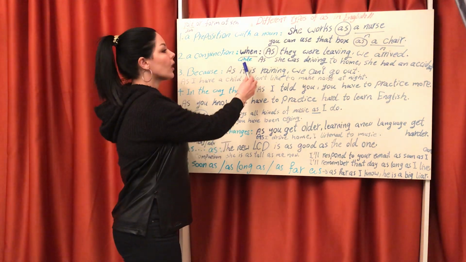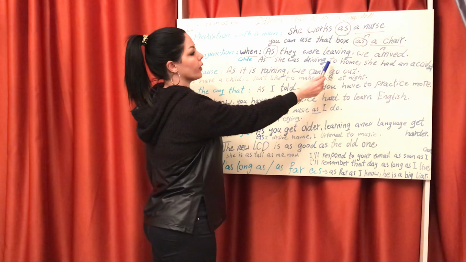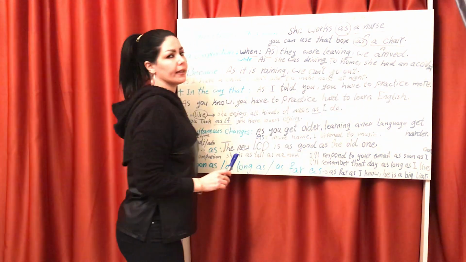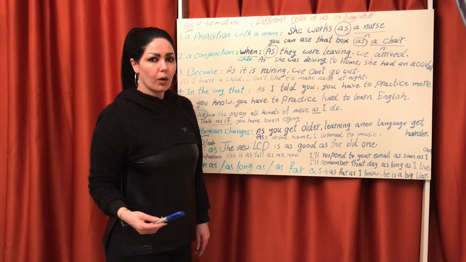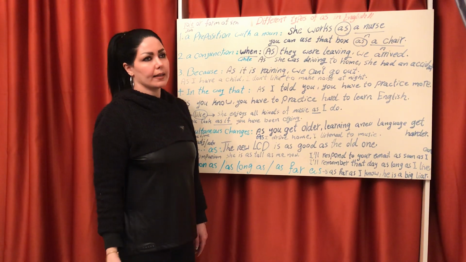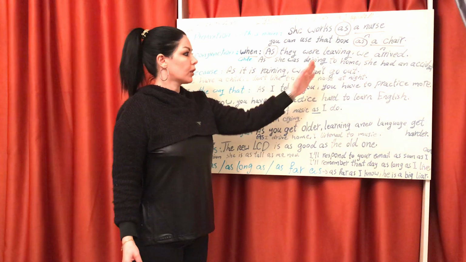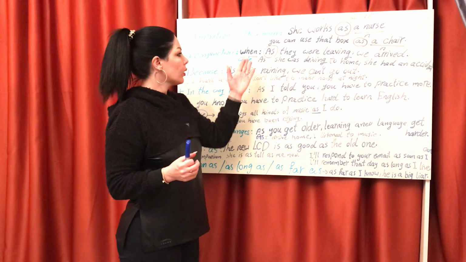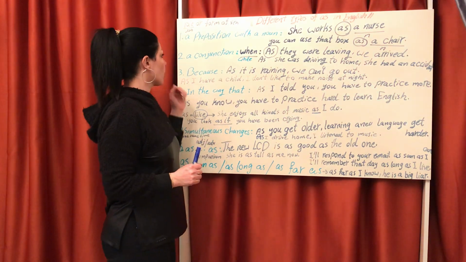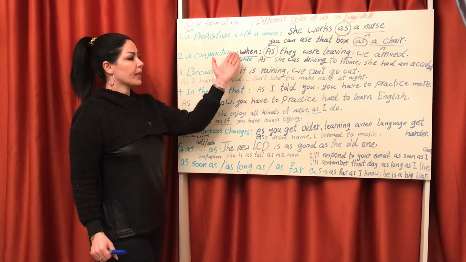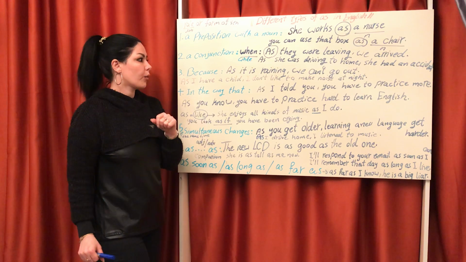The same, while she was driving home, she had an accident. Two actions, two clauses, connected with as, while or when. So for a conjunction, "as" means while or when.